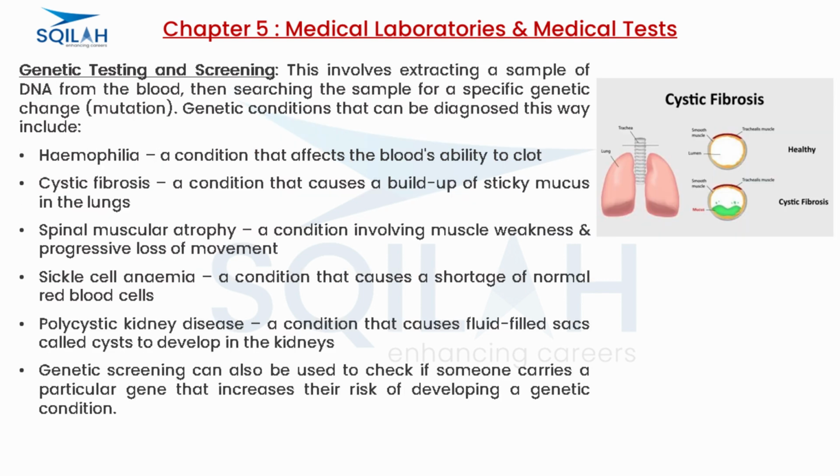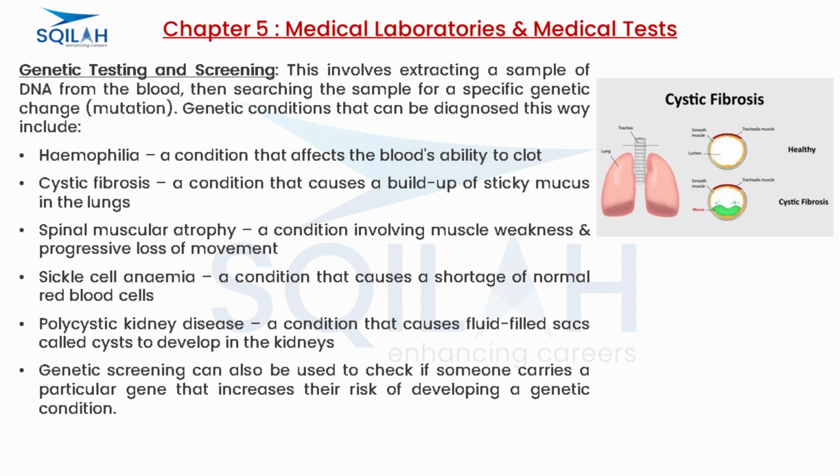Genetic testing and screening. This involves extracting a sample of DNA from the blood, then searching the sample for a specific genetic change, mutation. Genetic conditions that can be diagnosed this way include hemophilia, a condition that affects the blood's ability to clot. Cystic fibrosis, a condition that causes a buildup of sticky mucus in the lungs.